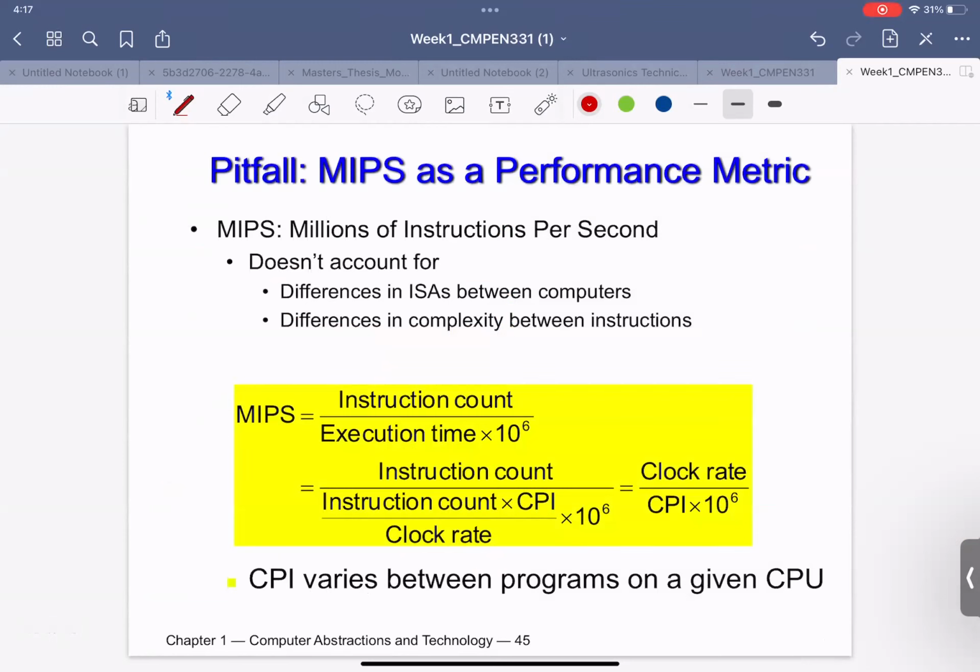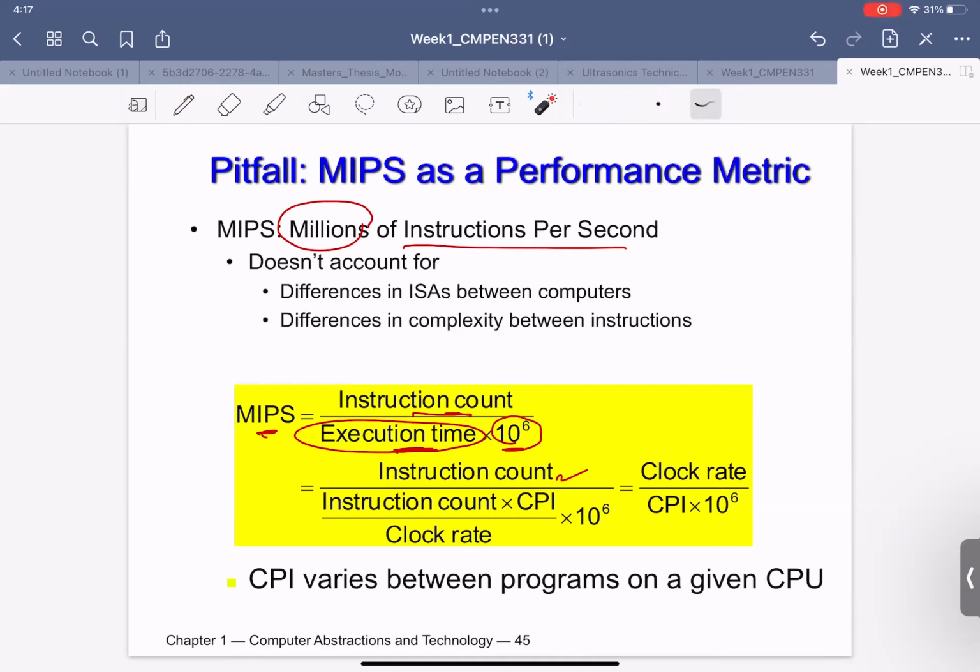Okay, so we can also take MIPS as a performance metric. What is MIPS? It's millions of instructions per second. So the instruction count divided by the execution time, but since it is million, I will just divide this by a million.